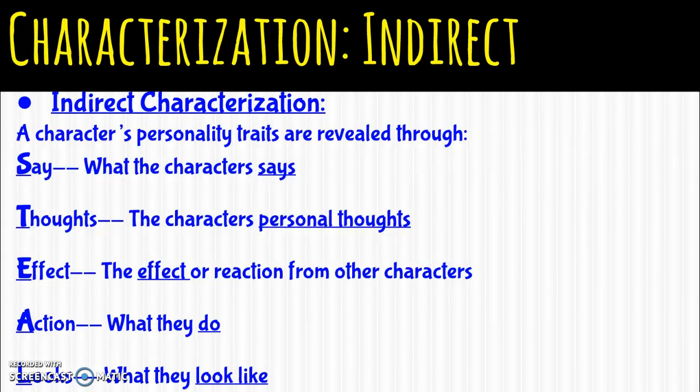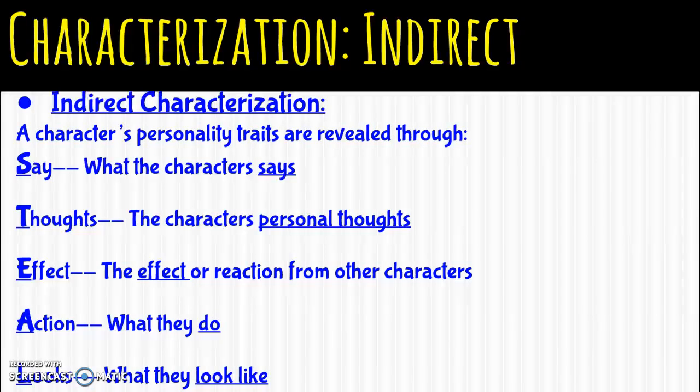The second type of characterization is indirect characterization, where the author is still showing you what kind of character they are, but they're not saying it directly in the text. The definition for indirect characterization is that a character's personality traits are revealed through what they say, what their personal thoughts are, the effect or reaction from other characters, the action, what they do, and looks, what they look like.